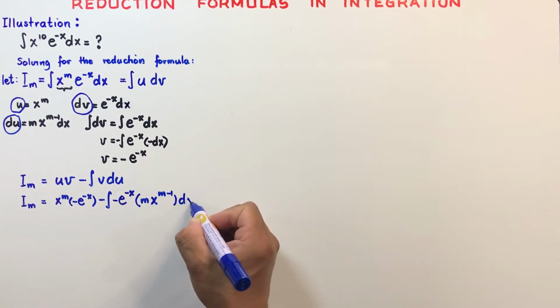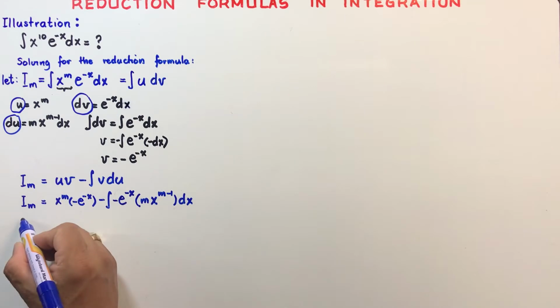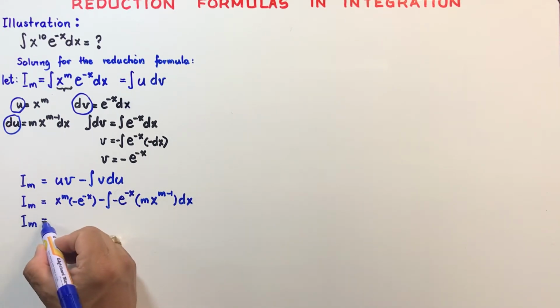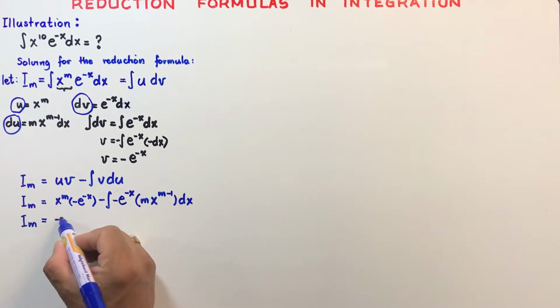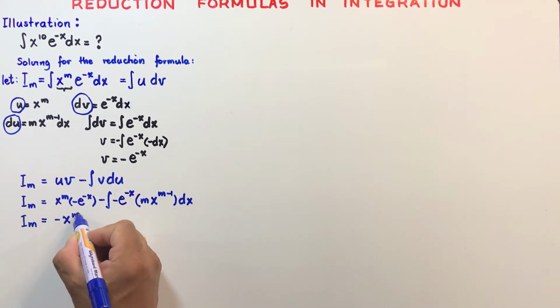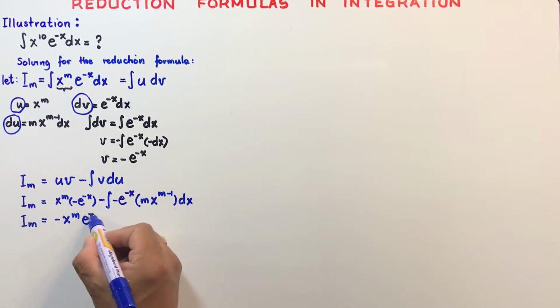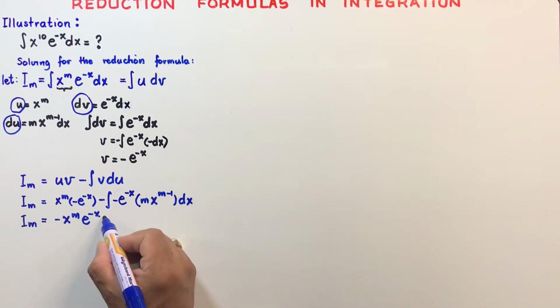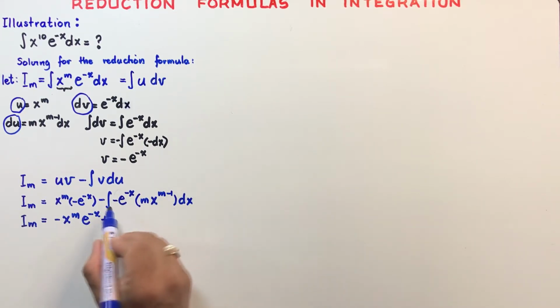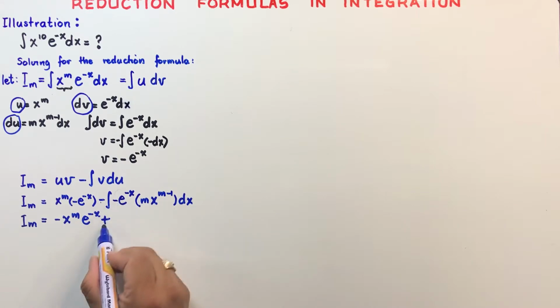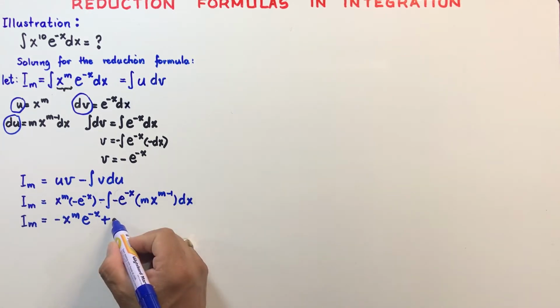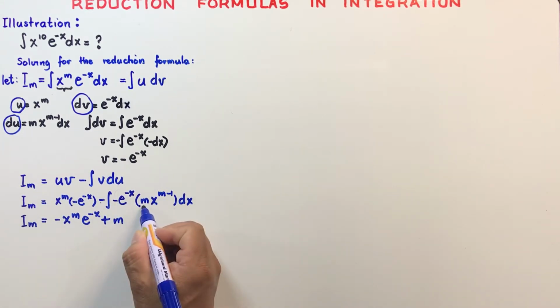So simplifying our answer, for our I sub m, this is negative x to the power m times e to the power negative x plus, because the negative of the negative is positive, plus m, because m here is a constant.